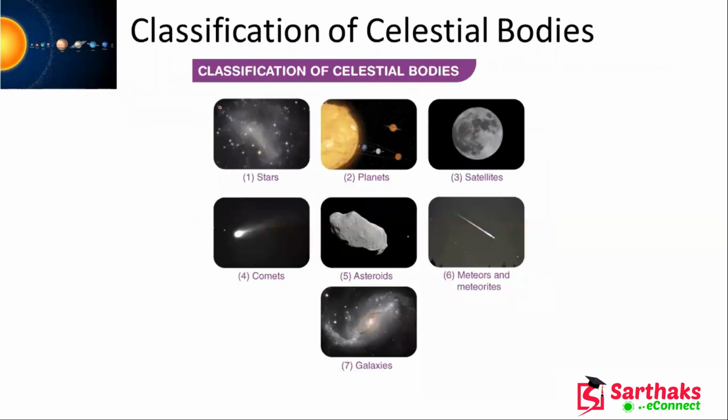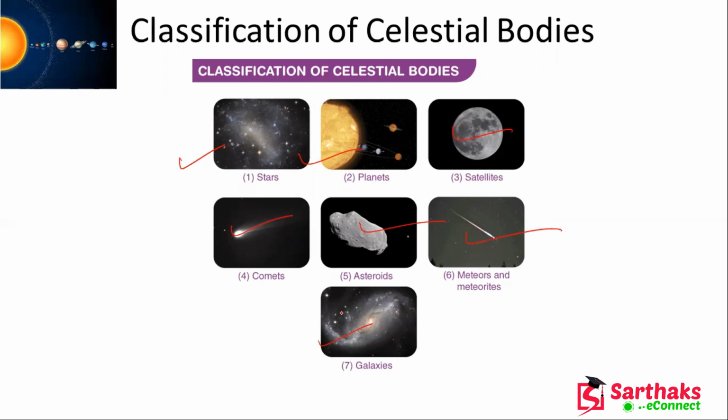Now, the classification of celestial bodies. Here we have stars, planets, satellites, comets, asteroids, meteors and meteorites, and galaxies also. These are different categories: giant planets, heliosphere, Oort cloud, meteoroid, meteor, moons, minor planets, like asteroids, dwarf planets, moons, binaries, and planets, some with ring systems.